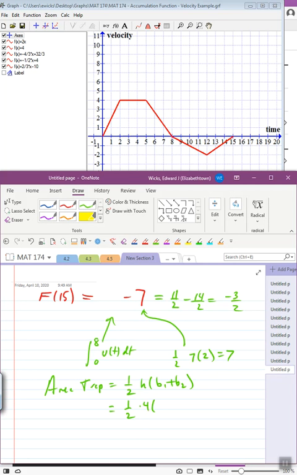Yep. And then we said the two bases were the bottom, which was the 0 to 8, and the top, which is that little segment up at y = 4 there that goes from 2 to 5, which is 3. So of course there was 11 halves, but I think instead of multiplying I divided. So it should be 2 times 11. It should be 22.